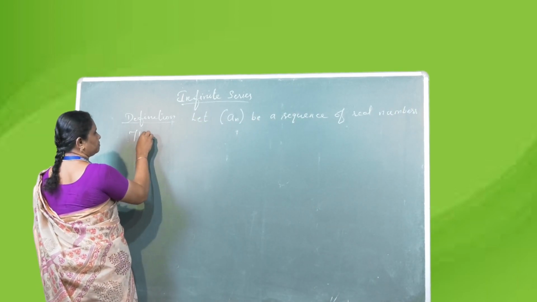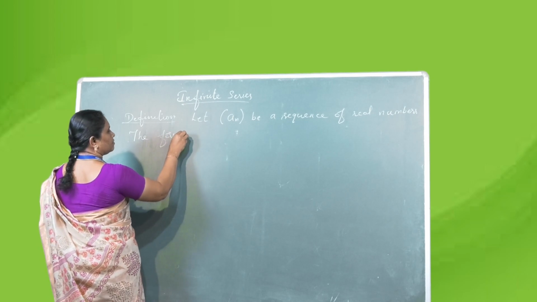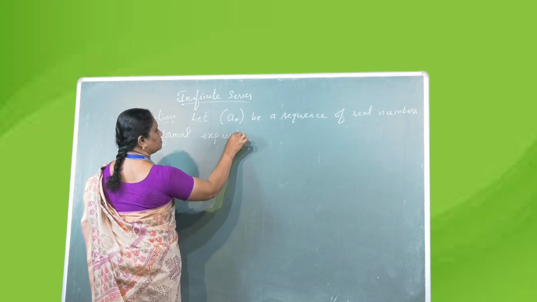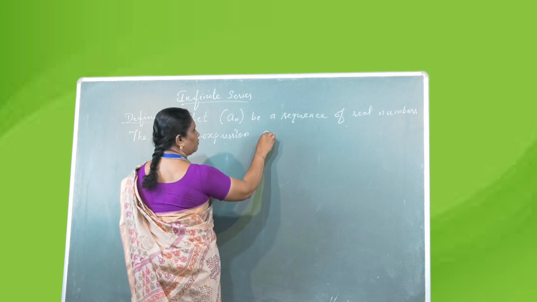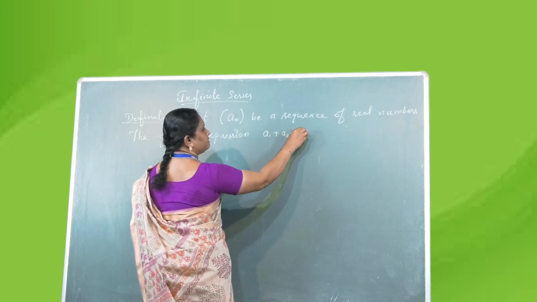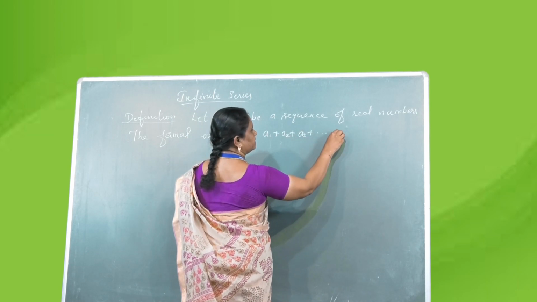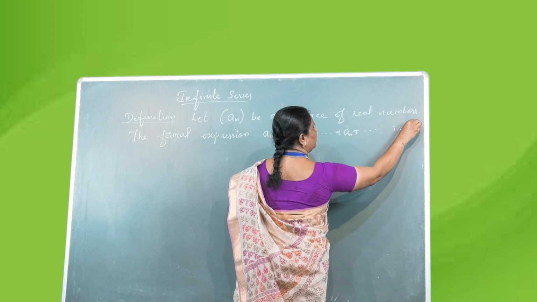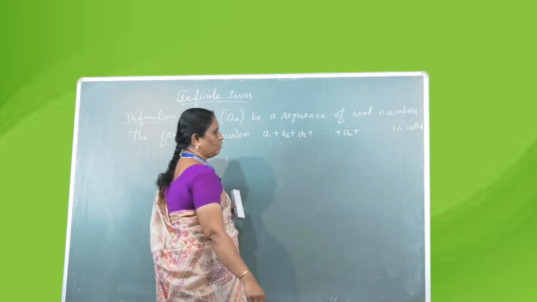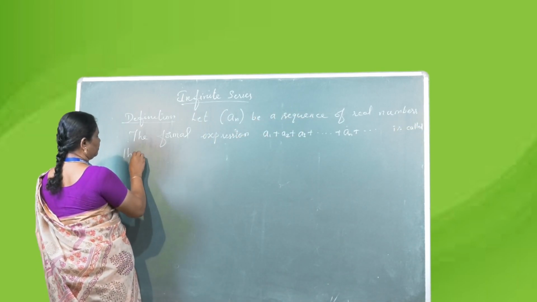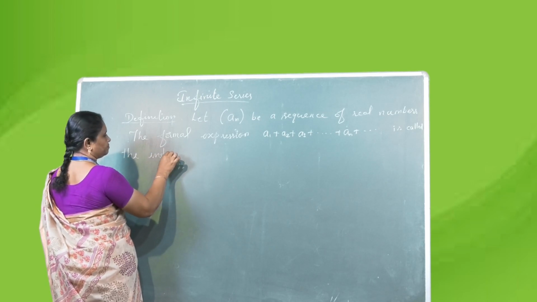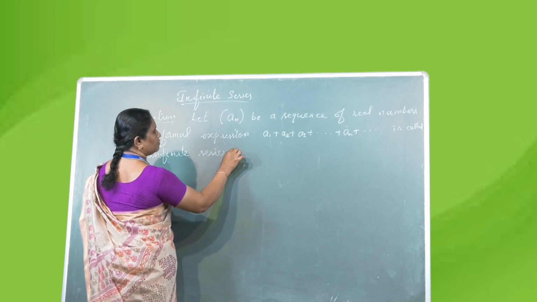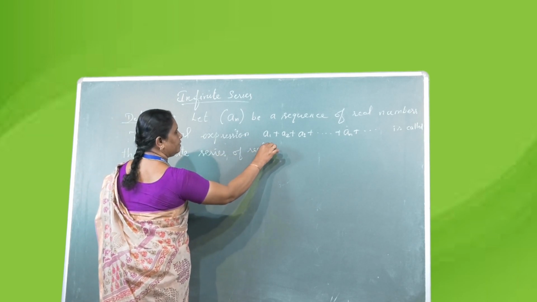And the formal expression a1 plus a2 plus a3 plus etc. an plus etc. is called the infinite series of real numbers.